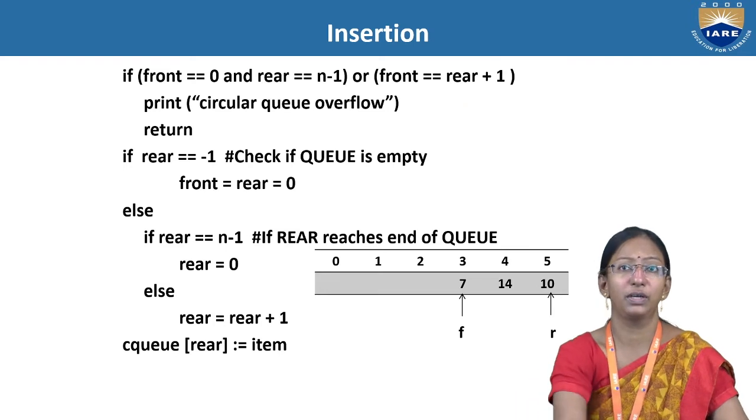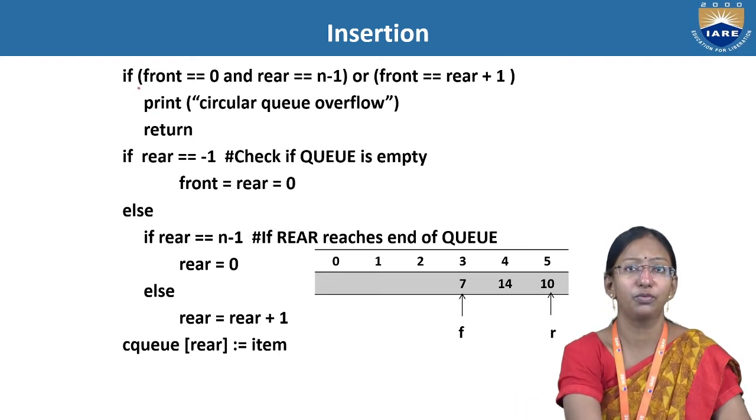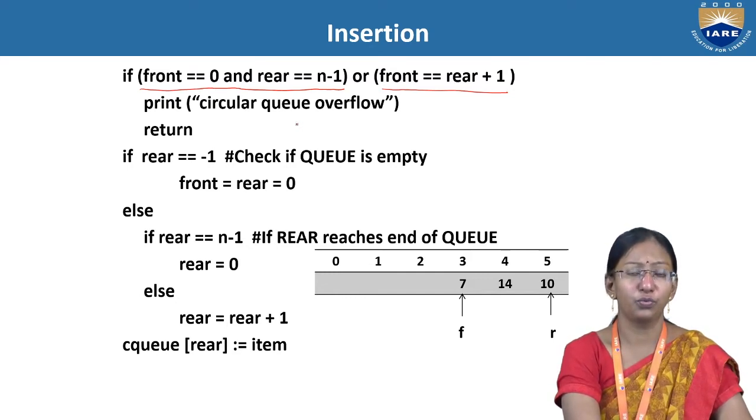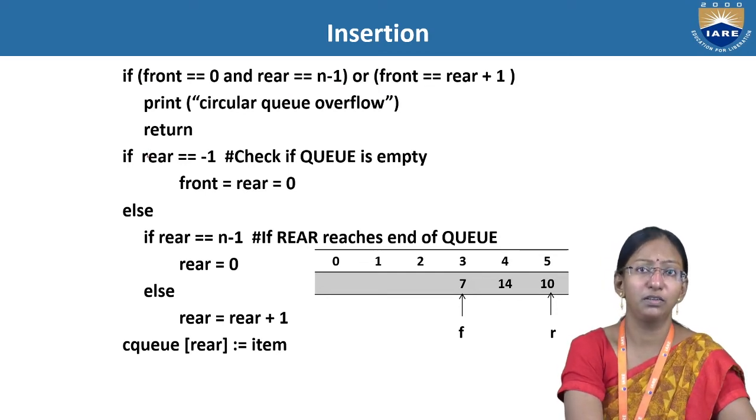Either one of them can be true. Cumulatively, this is one condition, or this is the second condition. If either one of the conditions is true, we say that the queue is full, overflow condition, and it is going to return.